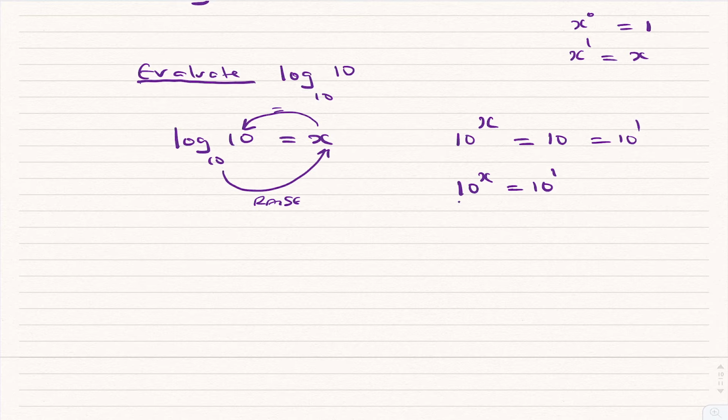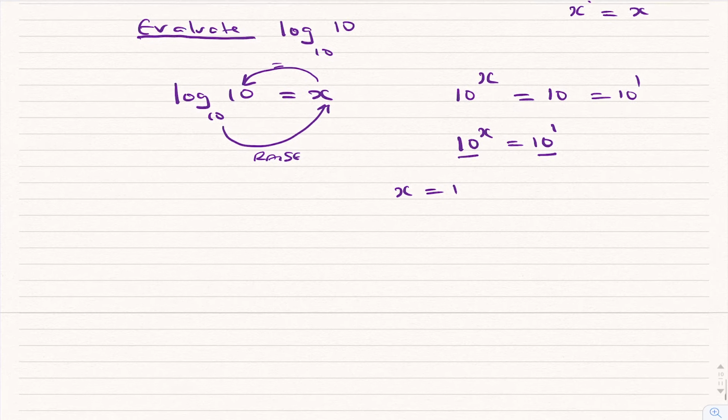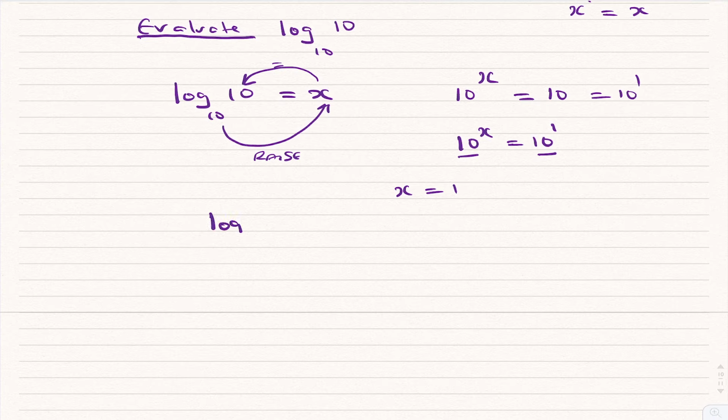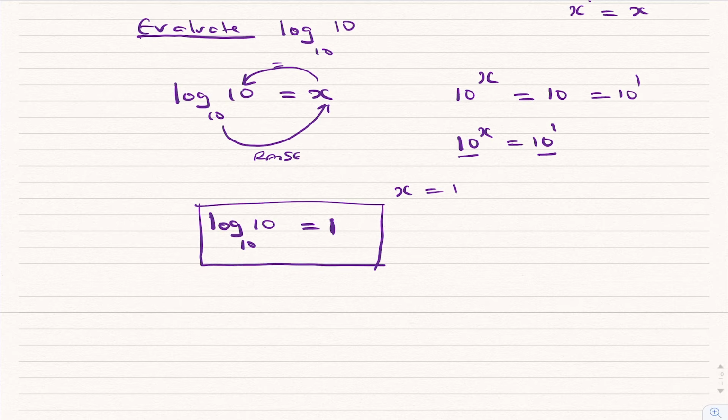Because the base is the same, the powers will be equal. So therefore, x equals 1. We just proved that, so log base 10 of 10 equals 1. That's one of the laws of logarithm.